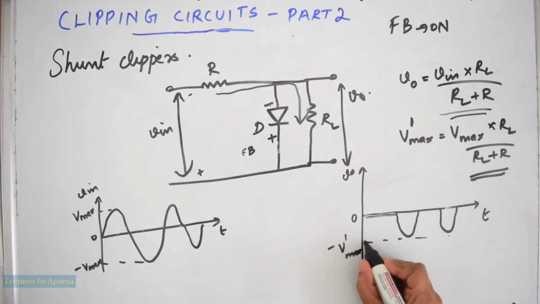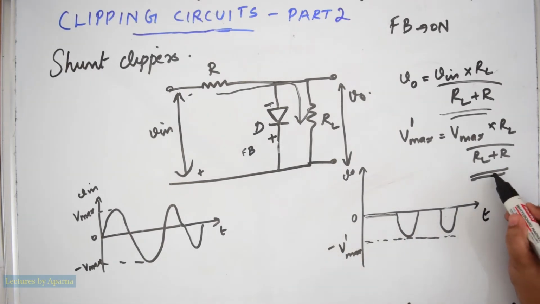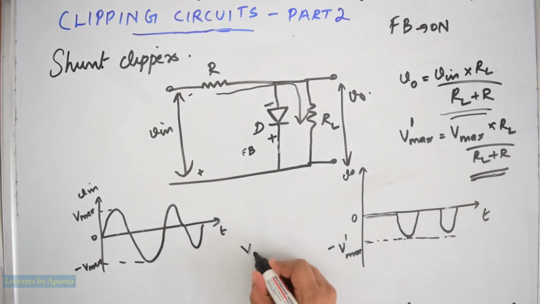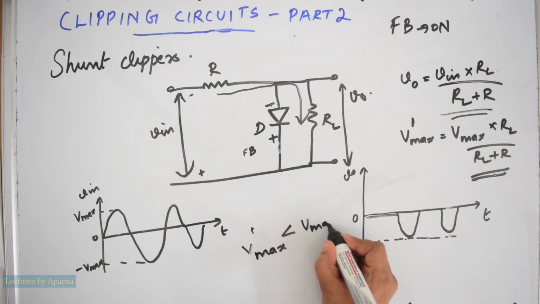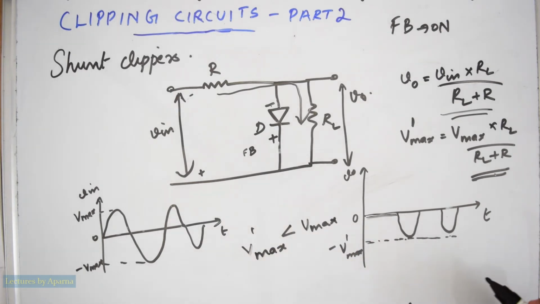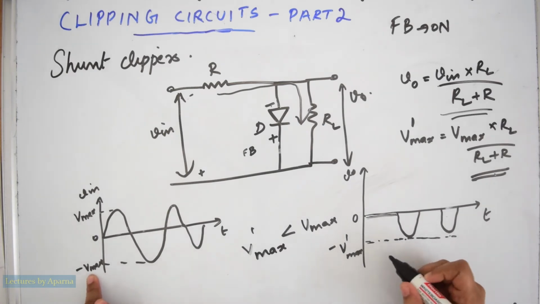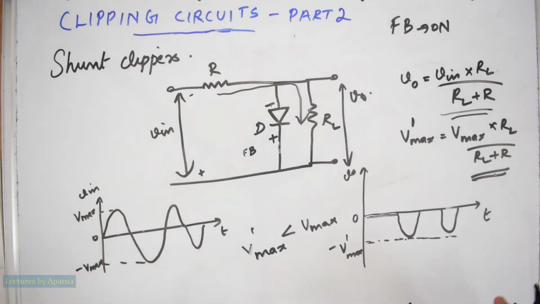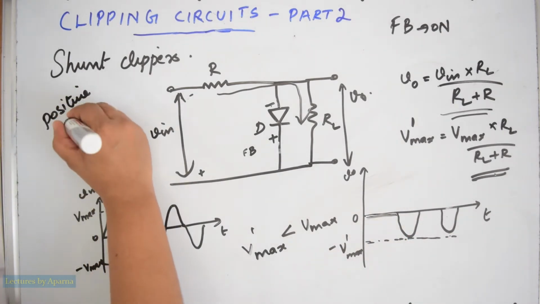Hence the maximum value of the voltage here will be minus V dash max, and that value is this, and hence V dash max will always be less than V max. So this V dash max is slightly lesser than this V max. Since the positive half cycle is being clipped off, this is a positive shunt clipper.